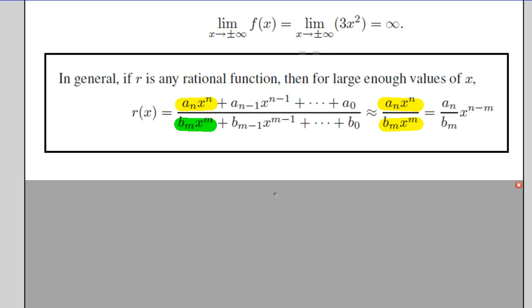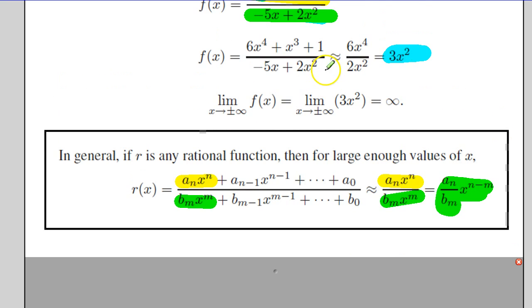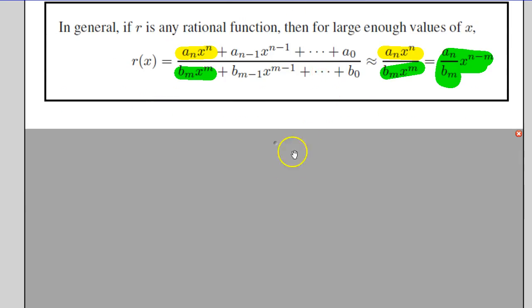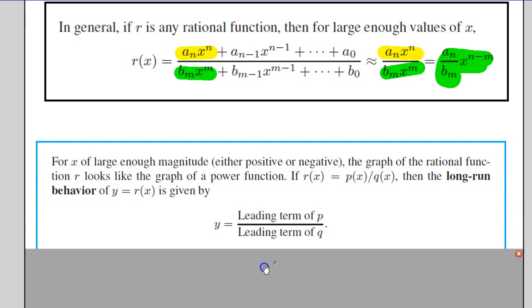Another way of writing this power term is this right here. So you basically divide the leading coefficients of the numerator and denominator polynomials, and then subtract the degrees, or powers, like we did in this example up here. Okay? All right, moving on.